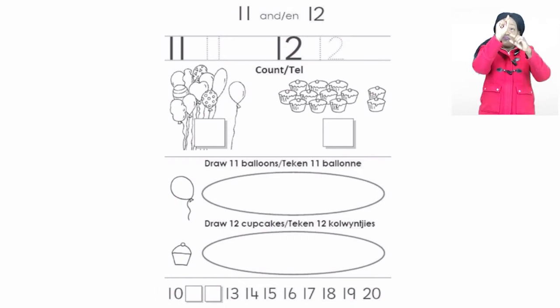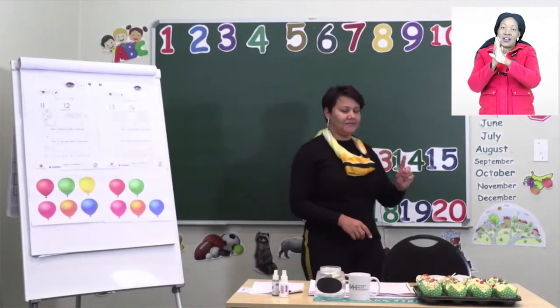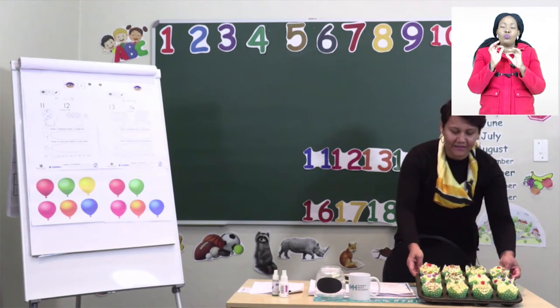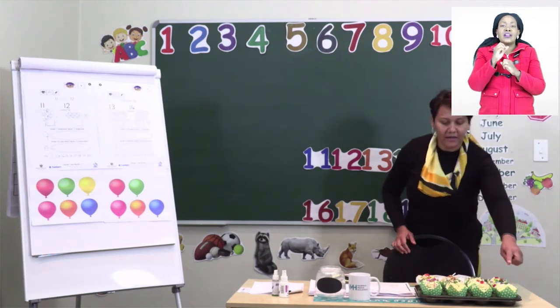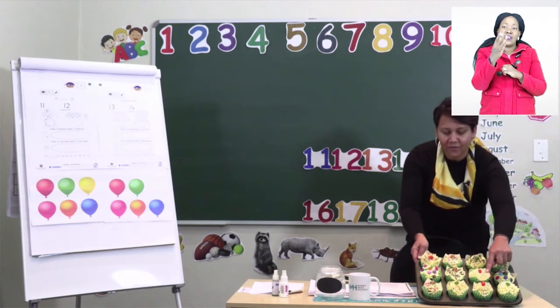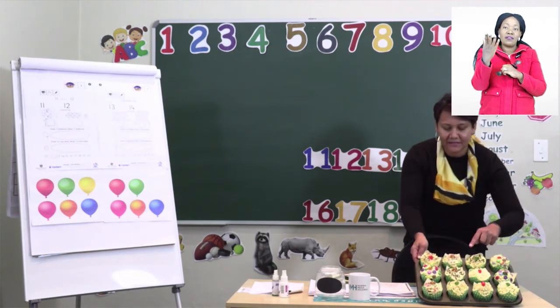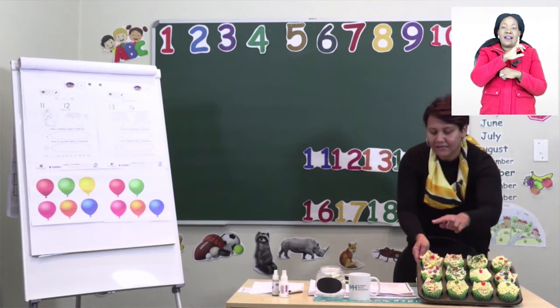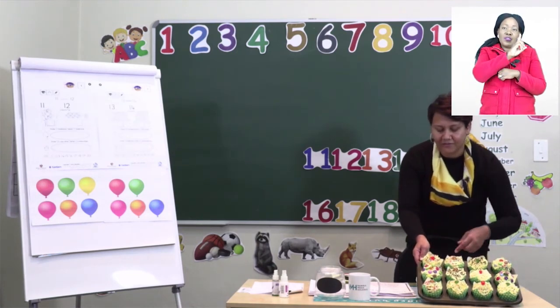Let's count the cupcakes. I have some cupcakes here. They look quite yummy. Let's count. 1, 2, 3, 4, 5, 6, 7, 8, 9, 10, 11, 12.